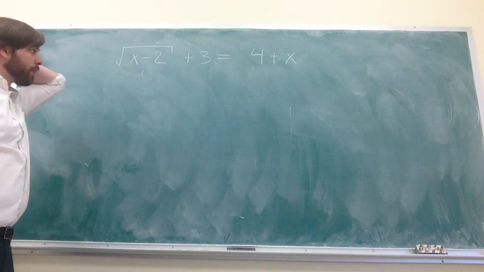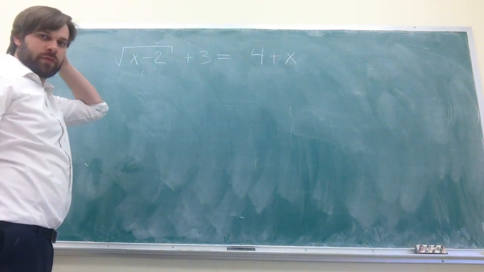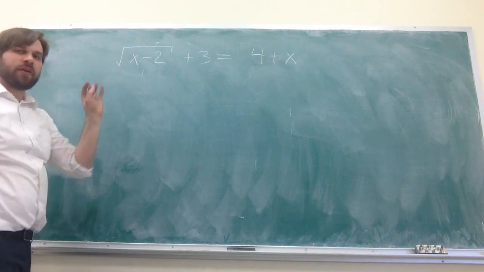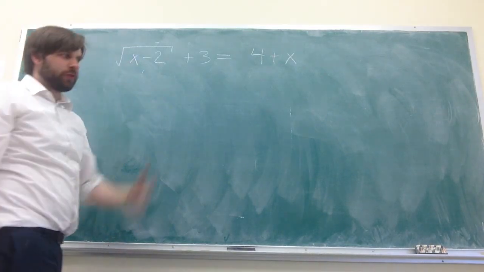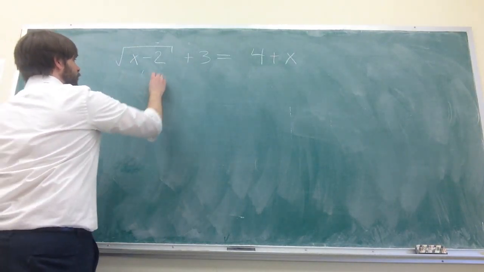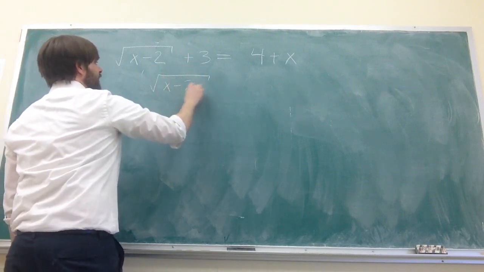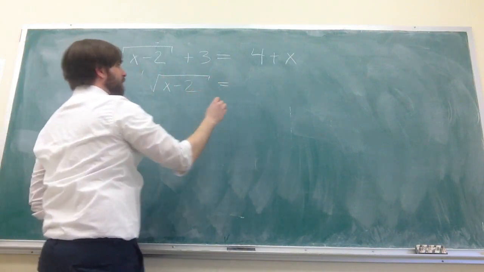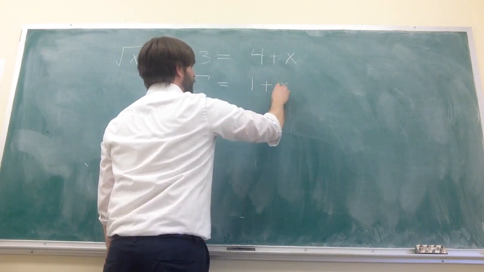Now here we've got a problem. We've got an x on both sides, and we've got the x under the radical. So the big goal here is to get x out from under the radical. What we might do is subtract the 3 from both sides and get the square root by itself on the left. And so we get 1 plus x over here.